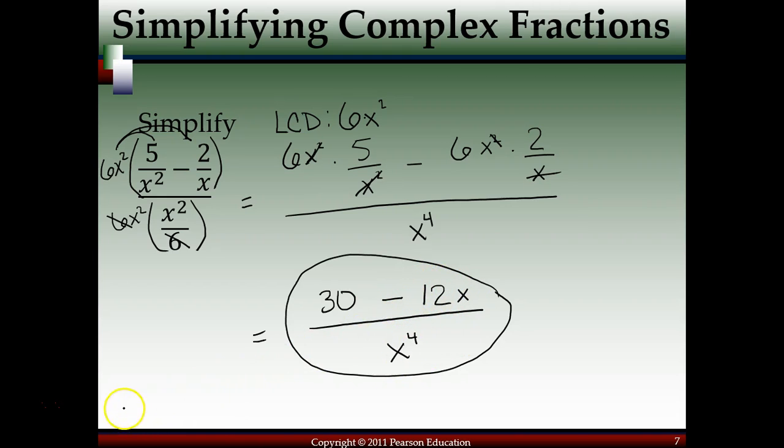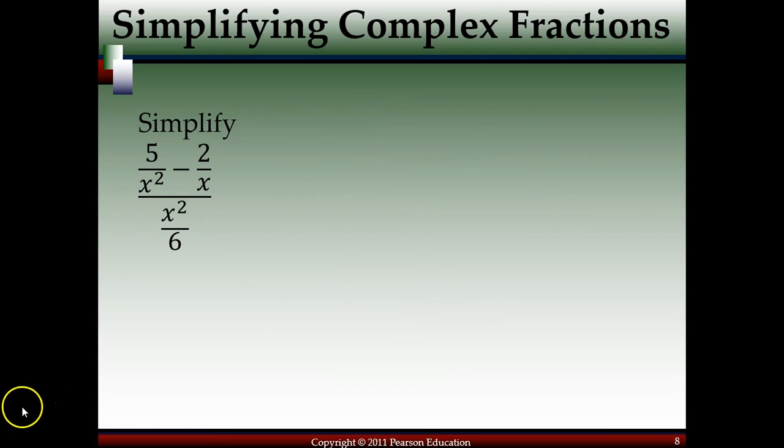All right, so let's try this again with our other method. Our other method said combine together fractions that are being added or subtracted first before we do the multiplying by the reciprocal. So first we have to use our skills from our last section and combine these together before we do anything.